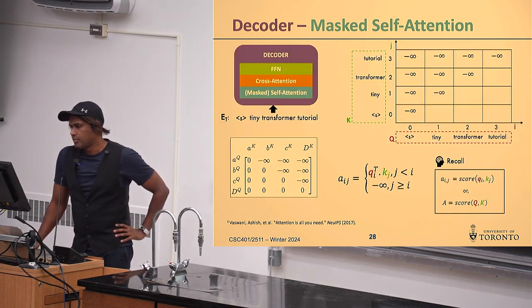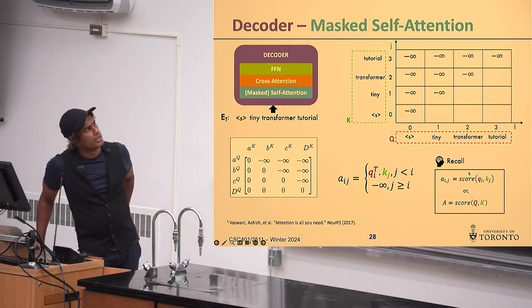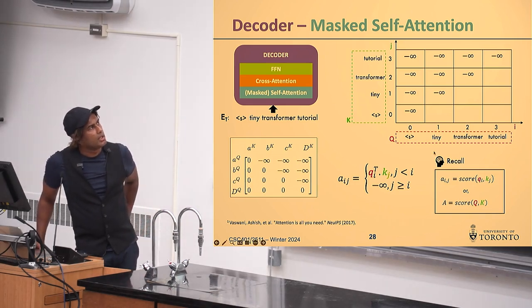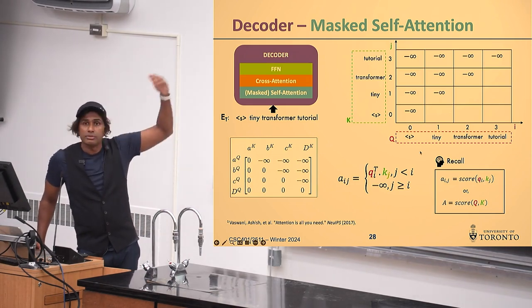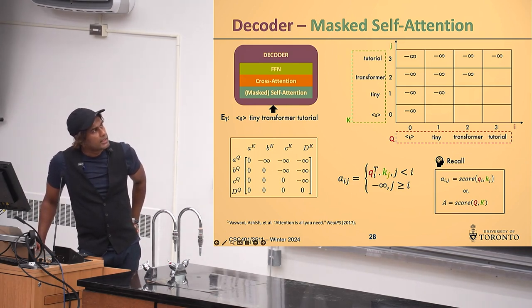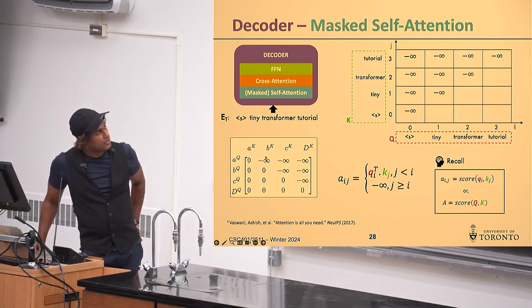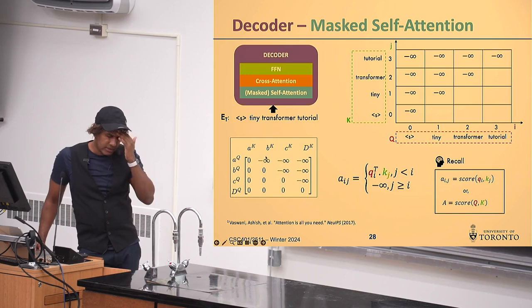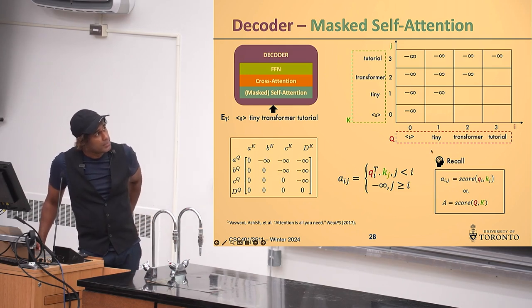Let's look at this from our running example, okay? So let's say we are now the decoder, and we're trying to translate the English sentence, and this is our reference sentence, tiny transformer model. The bottom left-hand side diagram is just, if you rotate it to the left by 90 degrees, you can get this. It is offset by 1 by introducing this start token. Output embeddings are usually offset.